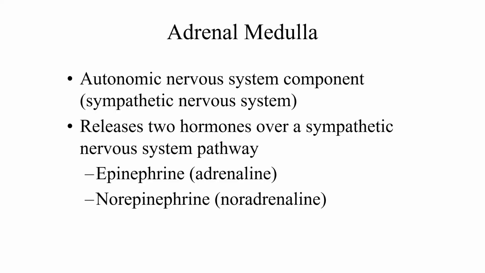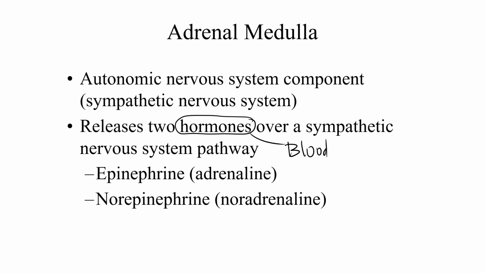All right, so the adrenal medulla makes two hormones that are produced here. They're called epinephrine or adrenaline and norepinephrine or noradrenaline. These two hormones are released over a sympathetic nervous system pathway. But let's talk about the word hormone here for just a minute. Because I'm using the word hormone, not only do they travel over a sympathetic nervous system pathway, but they're ultimately released into the bloodstream.